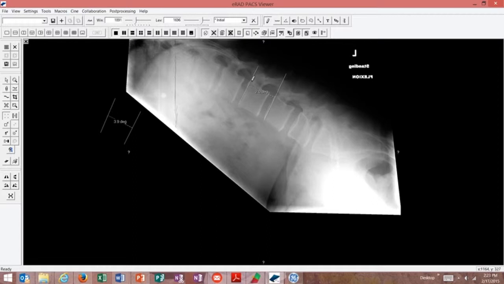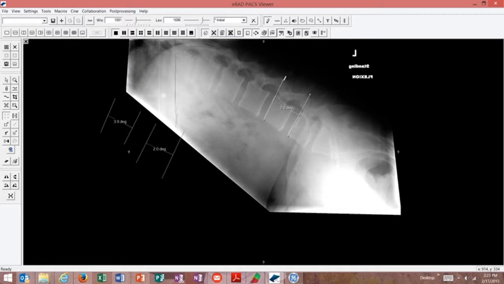Move that out of the way. Then across L3 and L4 for 2.0 degrees, positive degrees.